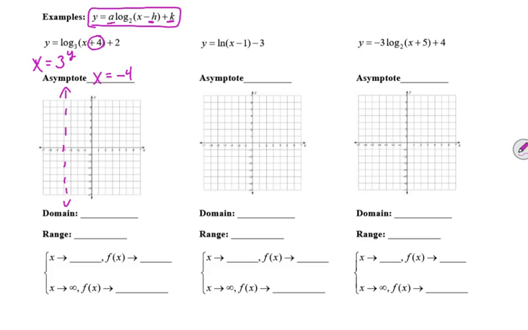And then I'm going to make up parent values, delta x, delta y, negative 1, 0, 1, and 2. Again, those are very basic points. I'm going to raise 3 to the negative first, so that's 1/3. I'm going to get 3 to the 0, which is 1, 3 to the first, which is 3, and 3 squared, which is 9.